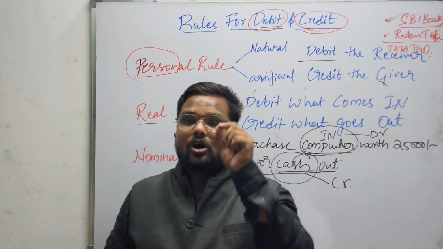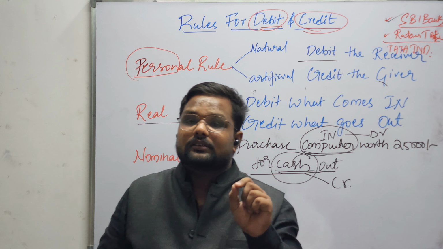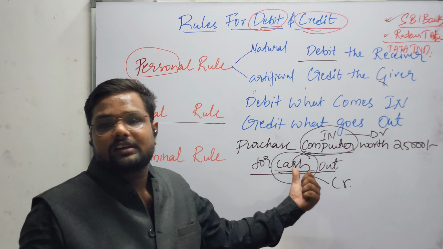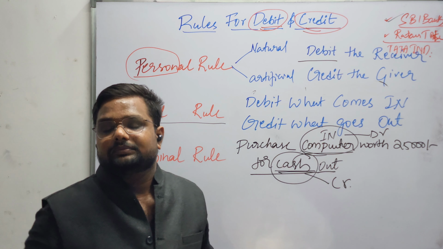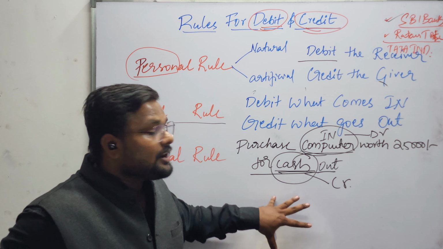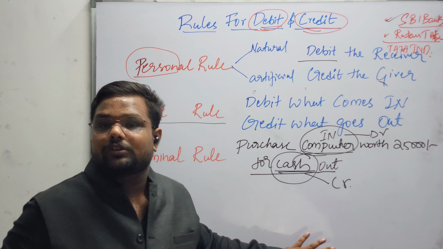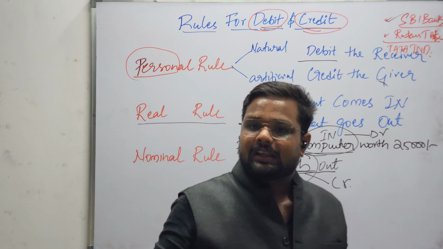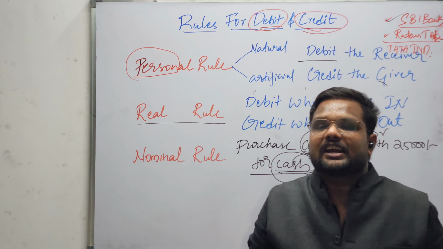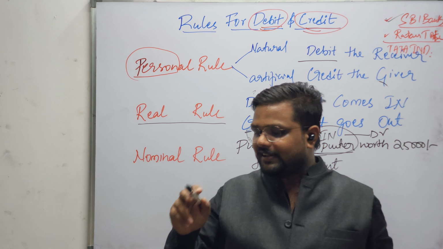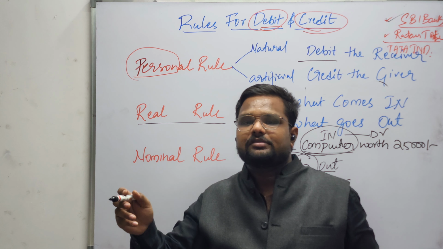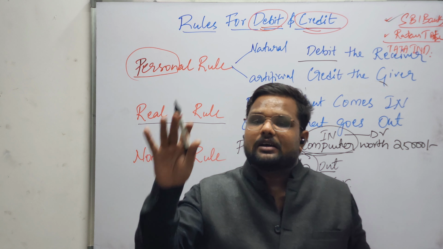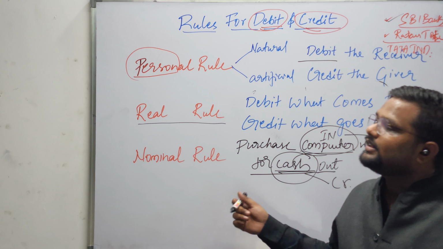No accountant or account student can call himself one without knowing these rules, because these are called golden principles. If you understand these, the first chapter becomes easy. The first chapter is connected to the second chapter, that becomes easy. Second is connected to third, becomes easy. Third connected to fourth, becomes easy. Total accounting becomes easy if you understand these rules.